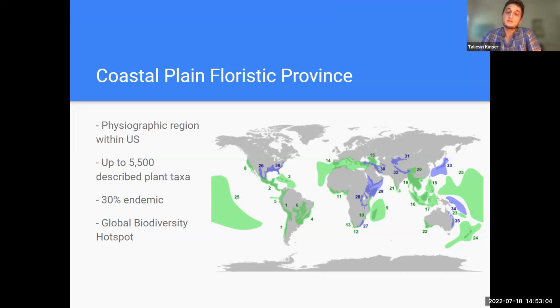And so for these reasons, this shared geography and history, the number of species, and the high proportion of endemism, this is one of the areas within the globe that has been proposed and selected as one of these global biodiversity hotspots to spend additional conservation efforts towards.